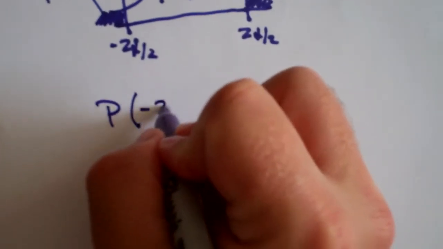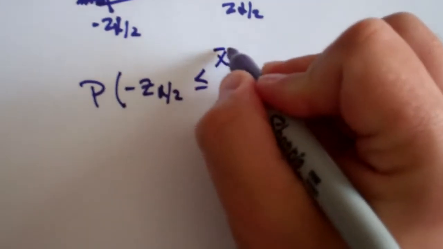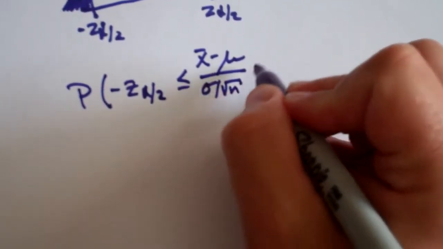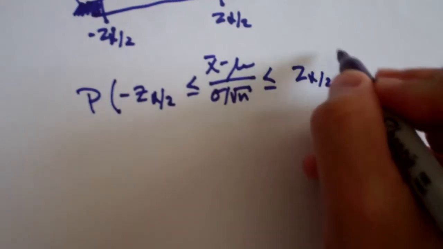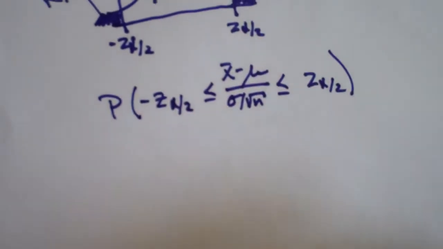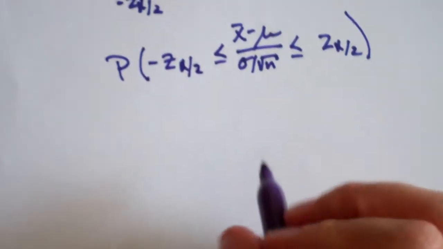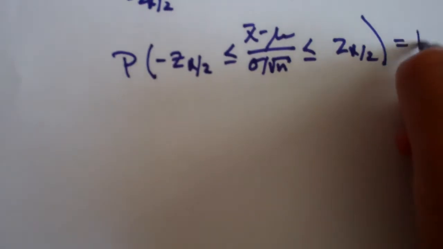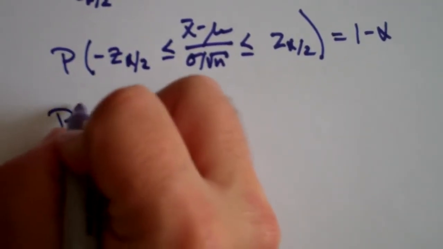So if I take the lower limit and the upper limit, and now solve for mu, because I want a range that gives me lower and upper limits on mu. This probability is 1 minus alpha.